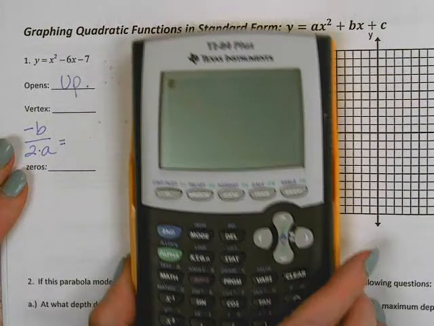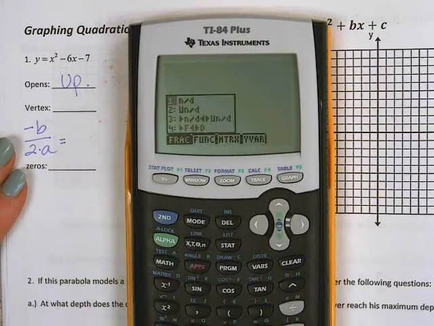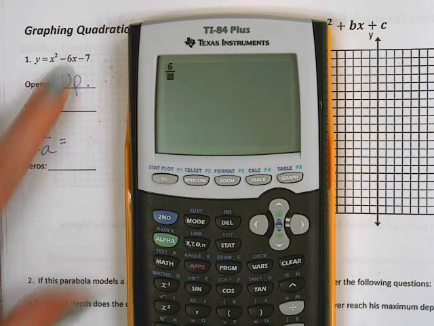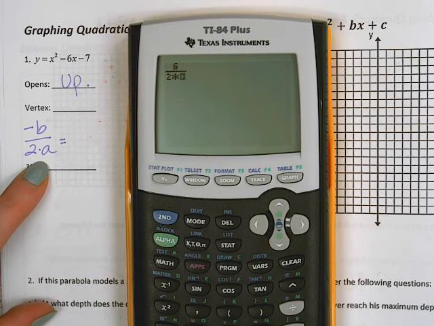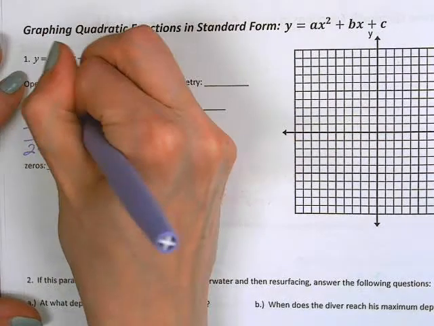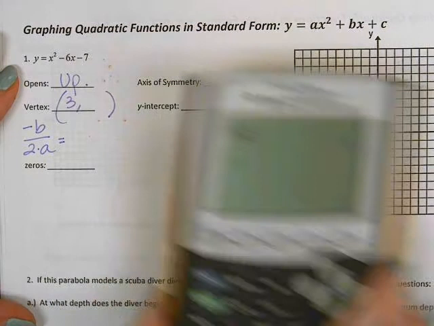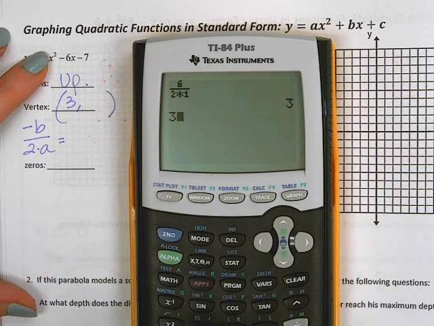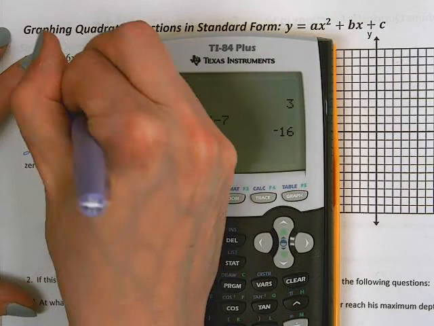All right, negative b over 2 times a. A negative negative is a positive 6 over 2 times 1. So the vertex is 3 comma something. And now you've got to take that 3 and plug it back in. So 3 squared minus 6 times 3 minus 7 is negative 16.